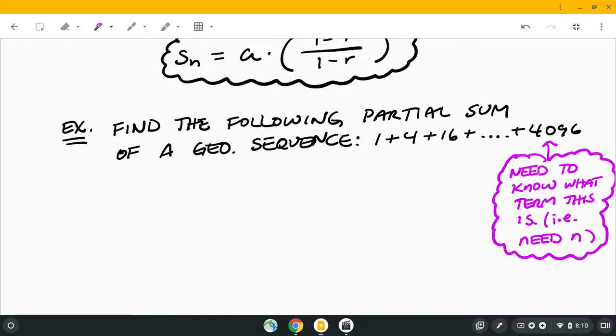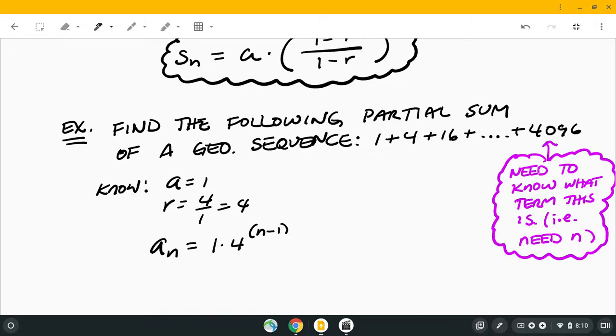All right, so what do we know? We know a is 1. We know r is 4 over 1, which is just 4. Therefore, we know the nth term formula is a times r to the n minus 1.